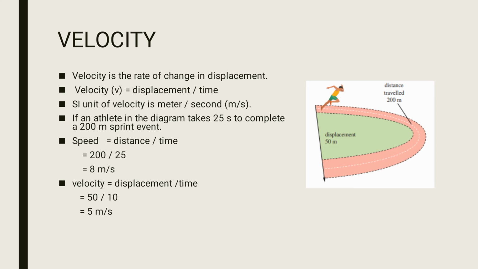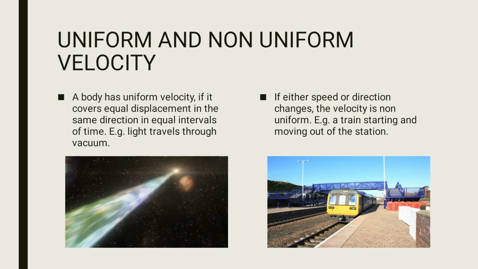Next one is uniform and non-uniform velocity. It is same as the speed, but only difference is in case of speed we consider distance and in velocity we have to consider displacement.